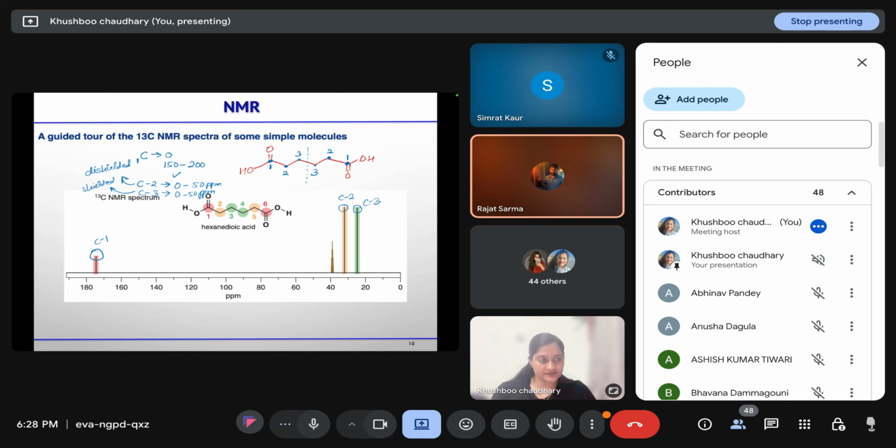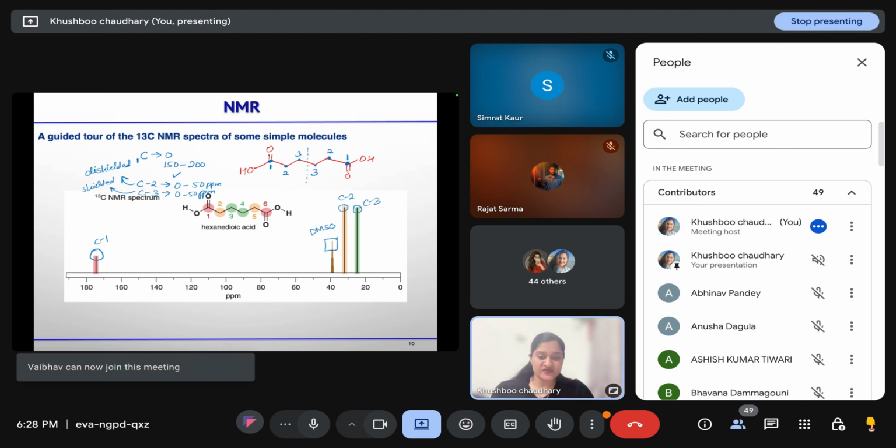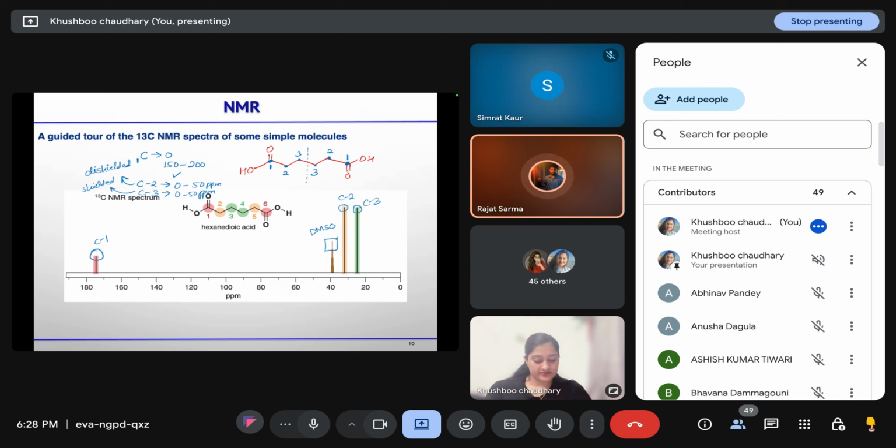And this brown signal is for your DMSO. The spectra is recorded in DMSO, that's why this is for the solvent. For CDCl3, the peak will come around 77 ppm.